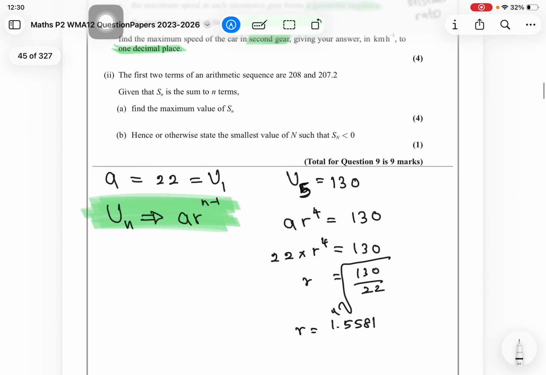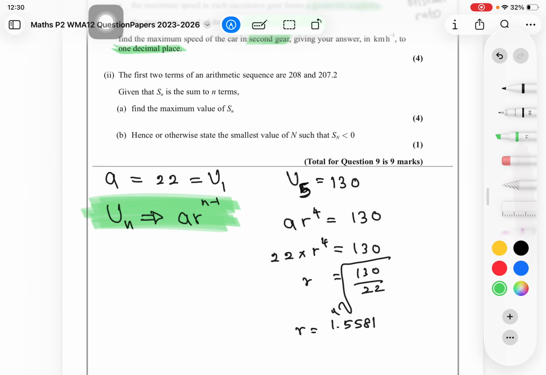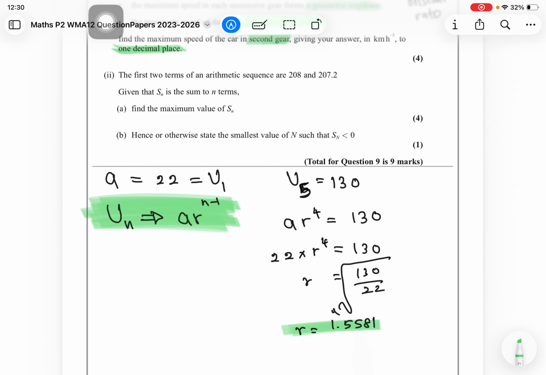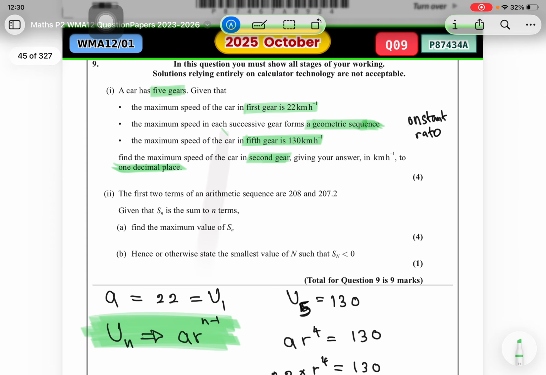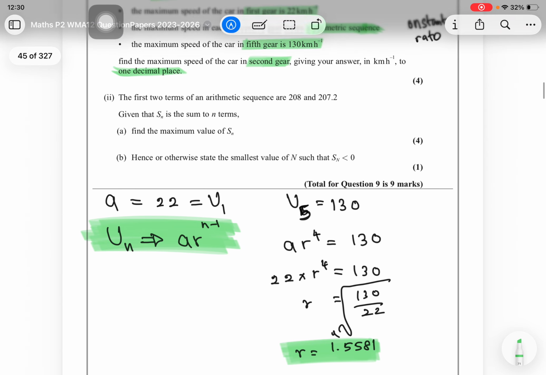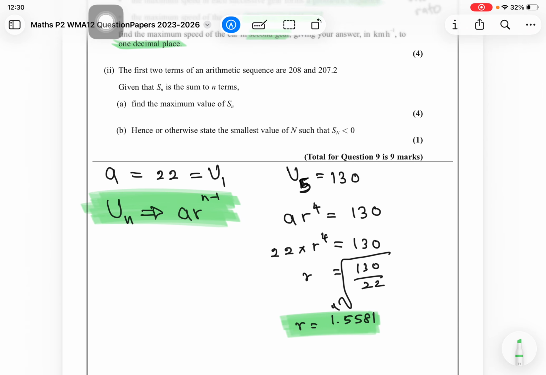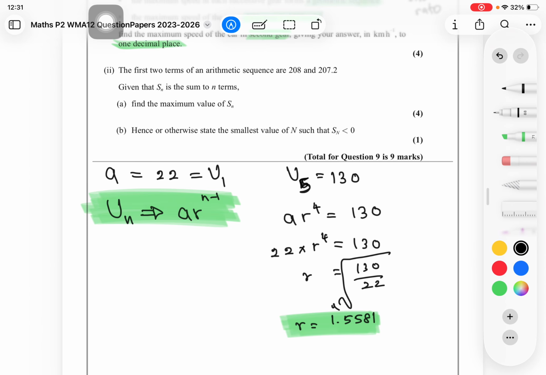Now the real question here is, why did we take the positive value? Can't we take the negative value? If we take a negative value, the terms would go smaller and bigger and smaller and bigger. But in this context, the speed is increasing. The second gear can't be a lower value, because of the physical reasons, so we only take the positive.